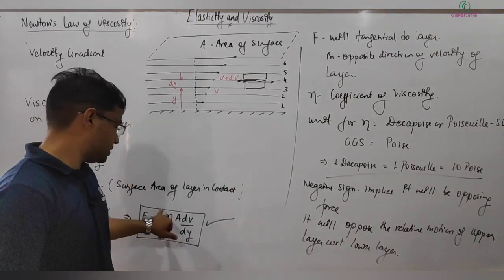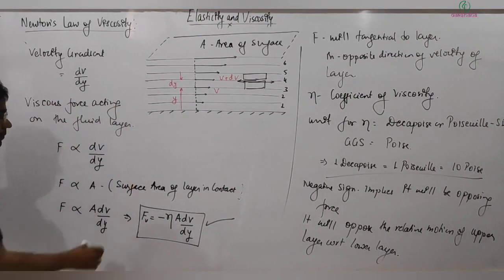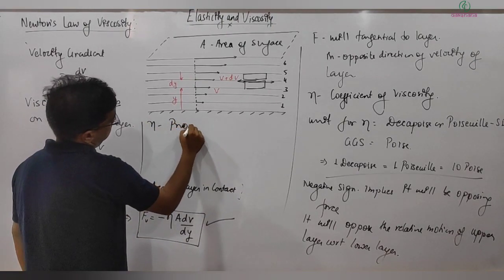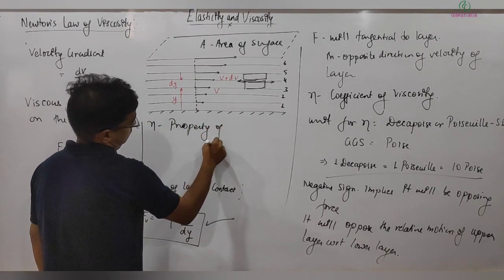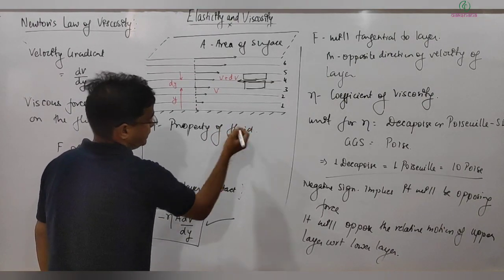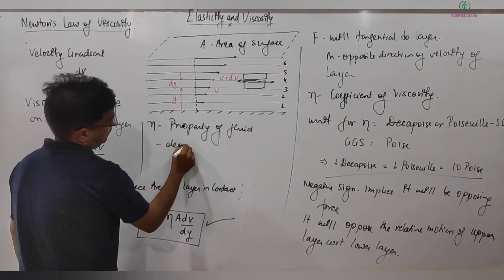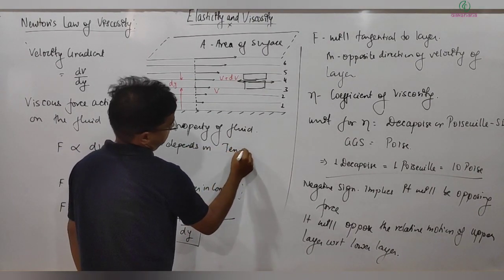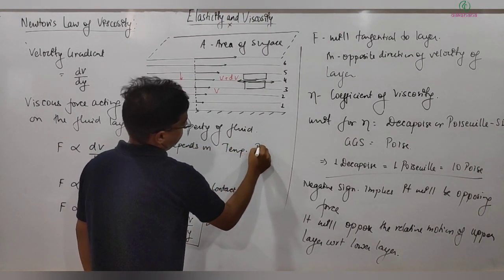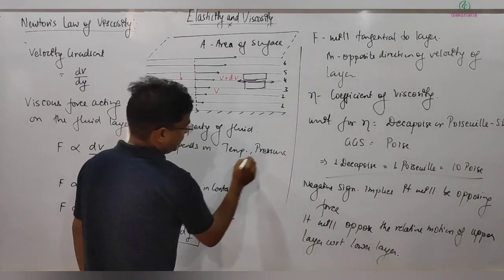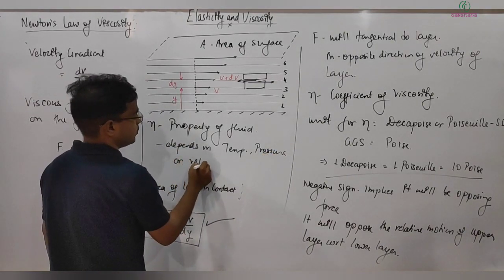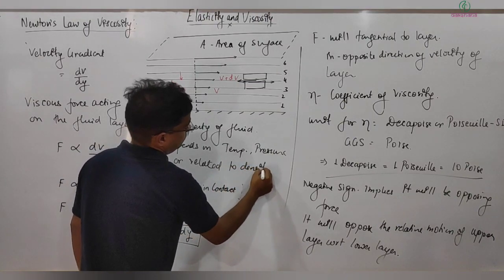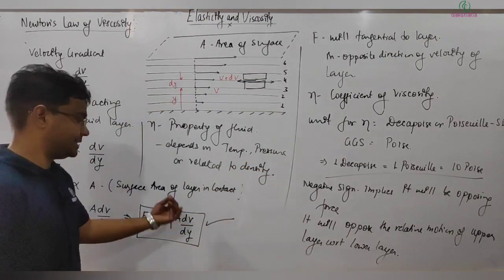So you can write here: eta is a property of the fluid, and depends on temperature, pressure, or is related to density also. That I already told you yesterday, how it exactly varies.